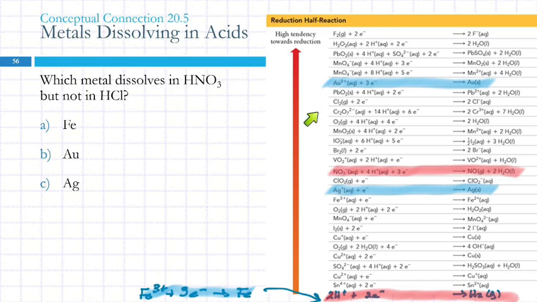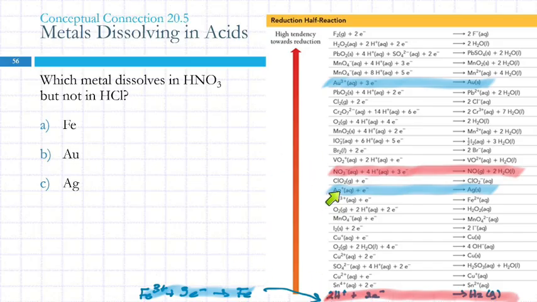So here's gold and here's silver. And down here's the iron. So dissolves in HNO3, but not in HCl. This is the HNO3. That means it's going to be below the HNO3, but not below the HCl.